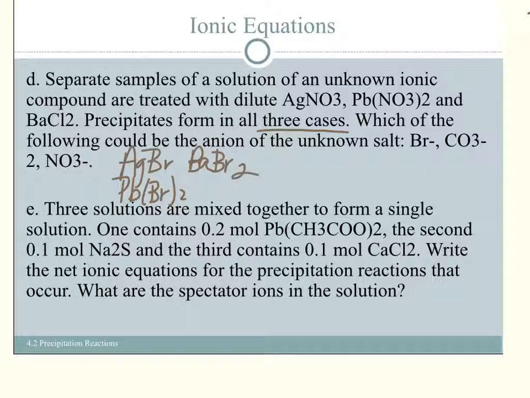So what do we know about bromine? Bromine is a halogen, and all halogens are soluble except when paired with silver, lead, or mercury. So this is going to form a precipitate. This is going to form a precipitate. This will be aqueous. So it can't be that one because it said all 3 cases.